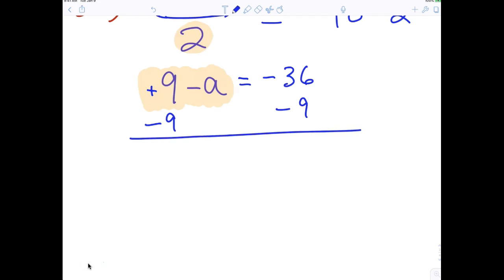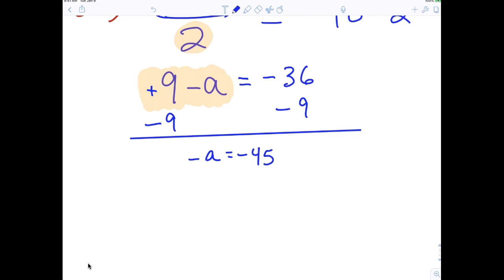So now, negative a. Now you have to tell me what negative 36 minus 9 is. Are you adding or subtracting? If you owe your mom 9 and you owe your dad 36, do you owe more or do you owe less? Yes, thank you. Negative 45.